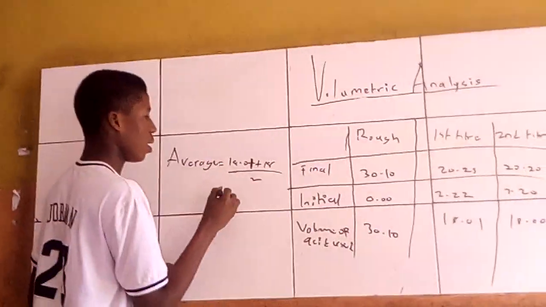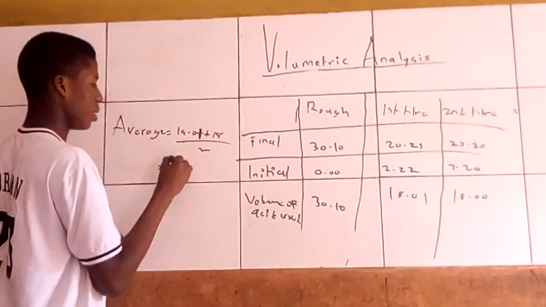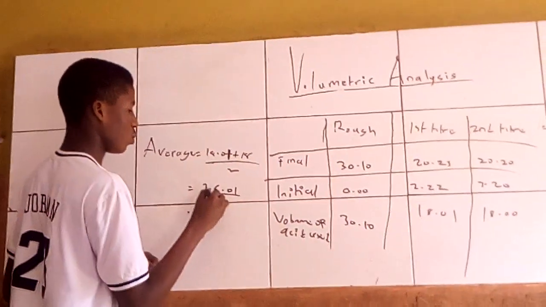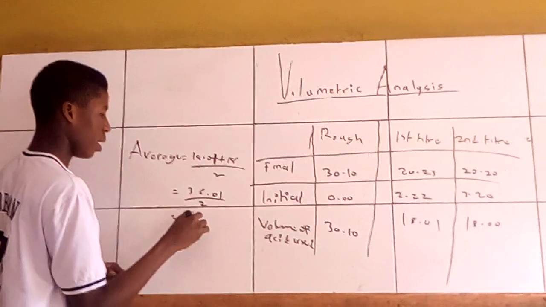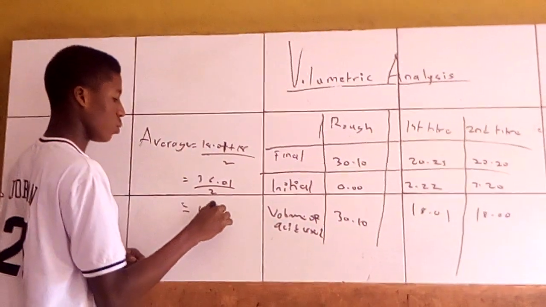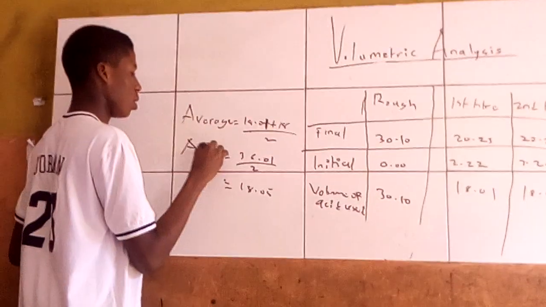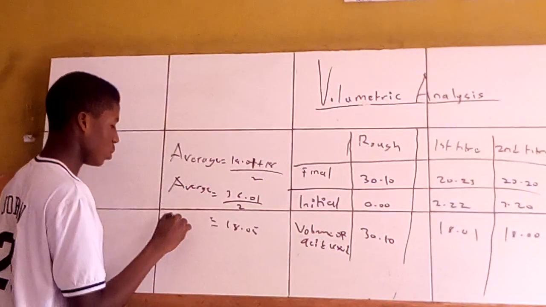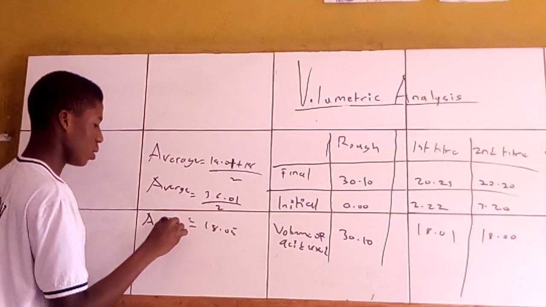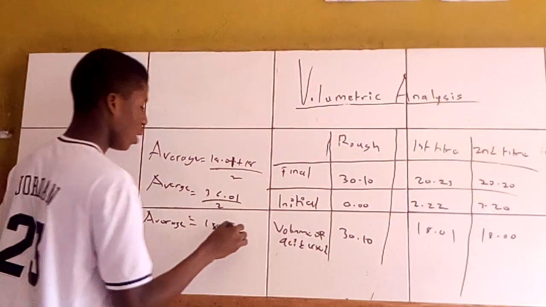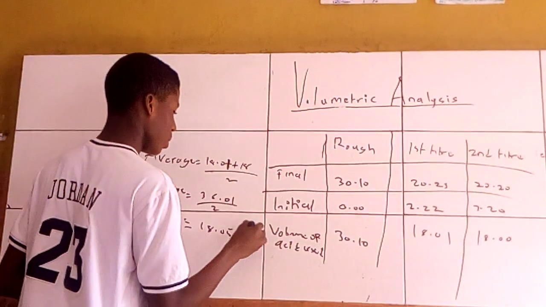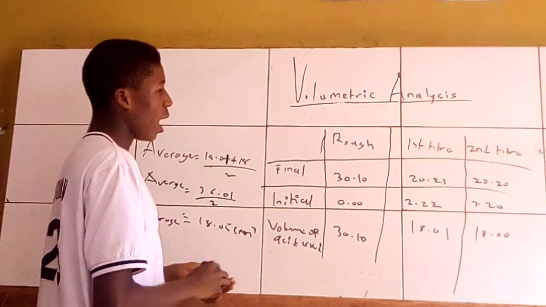Then we have 36.01 divided by 2. So that is what we have, 18.005. So the average is the average volume used. The unit is centimeter cube. This is the volume of acid used.